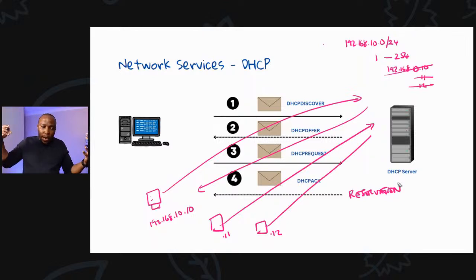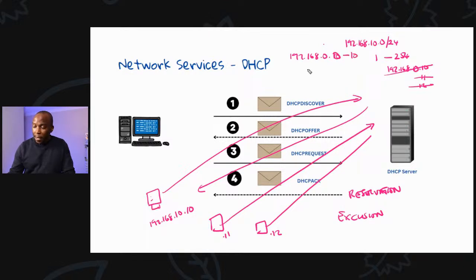So there are two ways that you can reserve those addresses on a network. The first one is what is known as an exclusion. When you are defining the DHCP scope, you are simply saying anything from 0.0 up to 10, I want to exclude it from the list of IP addresses that are going to be allocated.